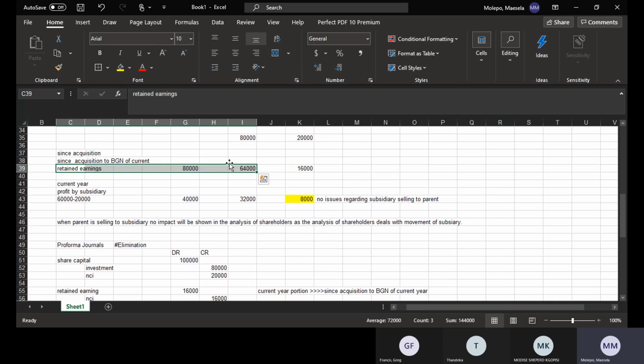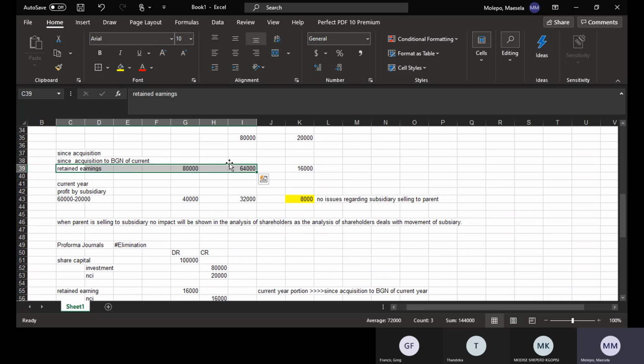And then the non-controlling part, we know the 36,000 comes from our pro forma journals. If you turn to page 120, the NCI part, the 20 plus 60, they're going to give you the 36. So it will be your NCI on the balances at the beginning.